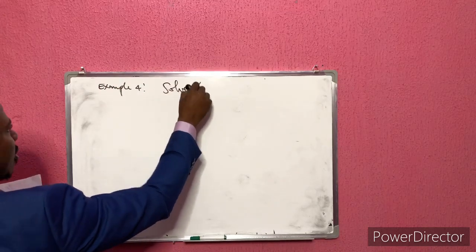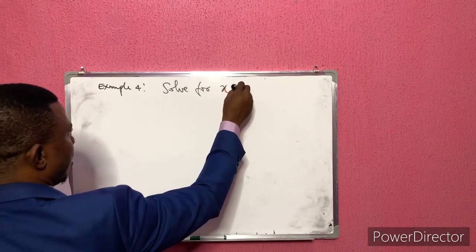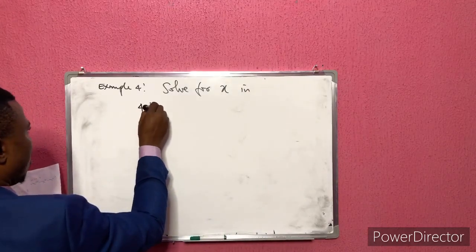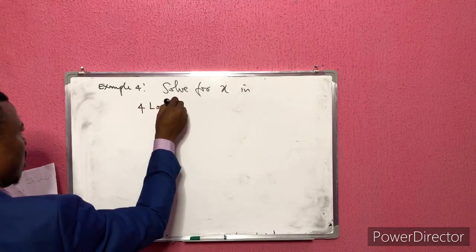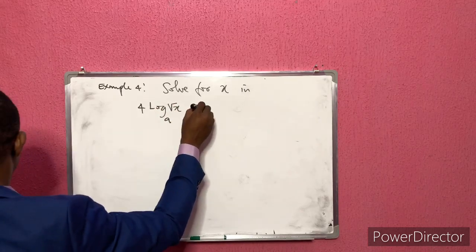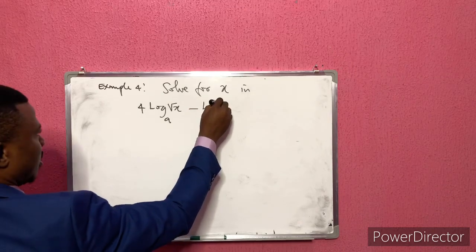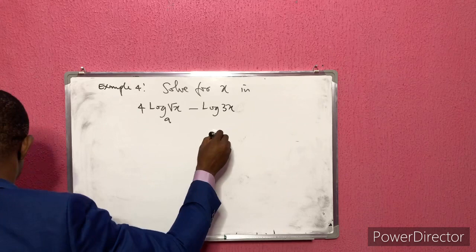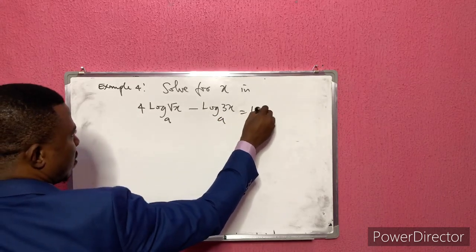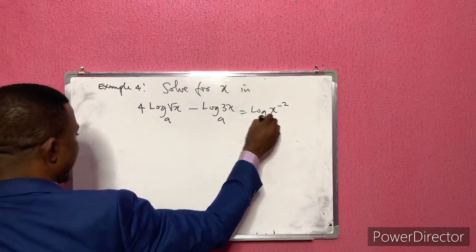Solve for x in 4 log root x base a minus log 3x base a is equal to log (x minus 2) base a.